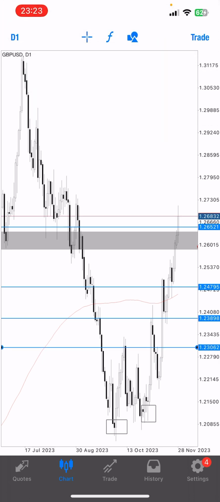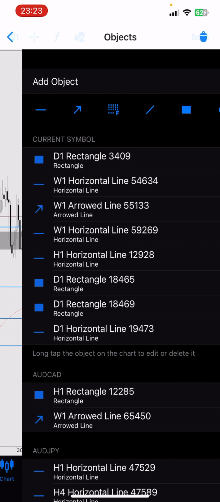Some people don't wait for structures to be made or confirmations. They'll start buying immediately at this level of 1.23115. Now you see what the market did.